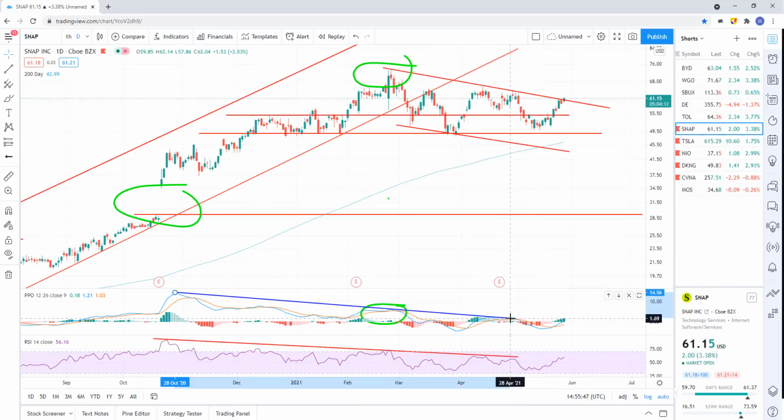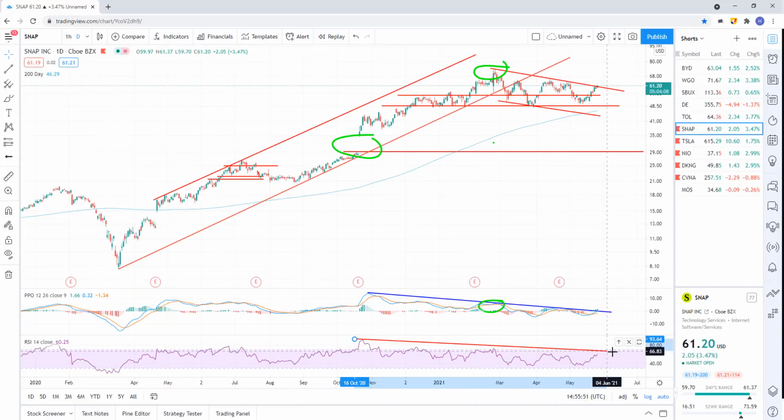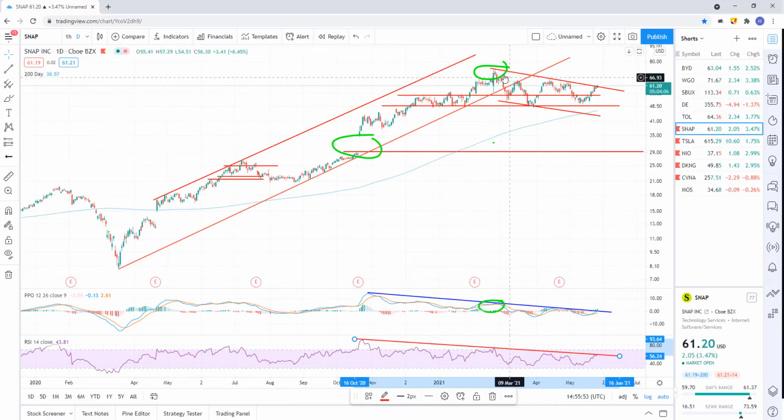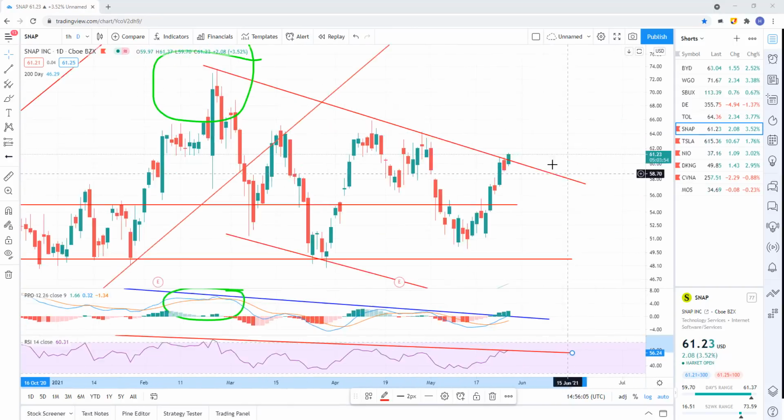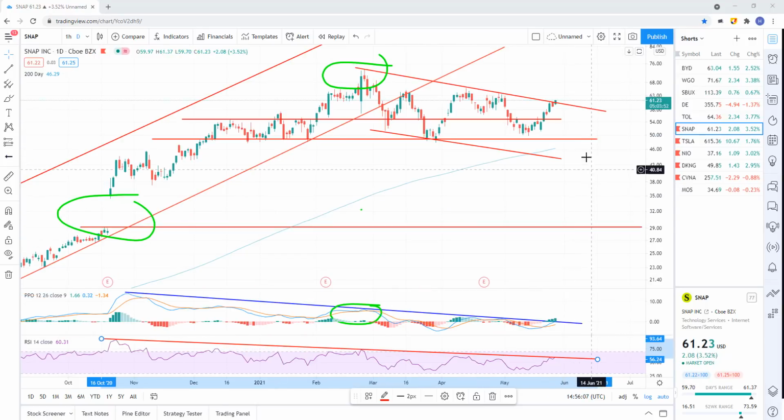Again, negative divergence. The big negative divergence that was really building for quite some time on the RSI and the PPO, and we broke trendline support. We're downtrending now. Everything tells me that this is starting a downtrend and it will continue. We're looking for a rejection in this area, and then ultimately, we haven't even tagged the 200-day moving average yet.